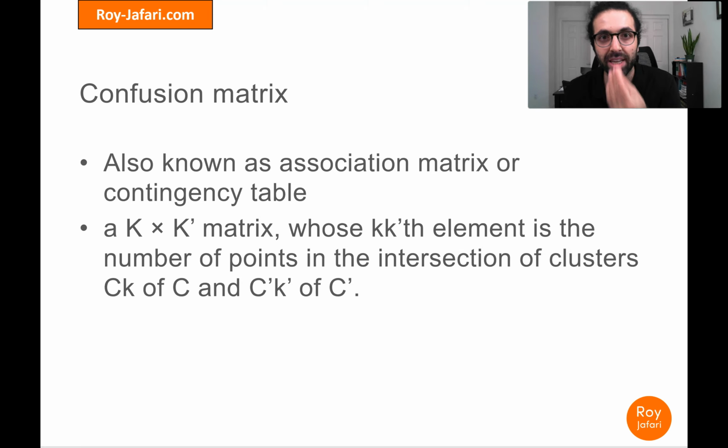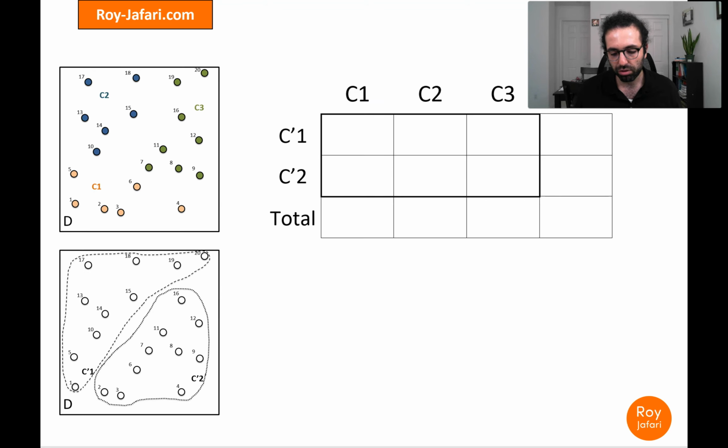It's a nominal categorical attribute. Because of that, we can use a confusion matrix to see the relationship between these two clusterings. So in this situation the rows are going to be the clusters of one clustering, and the columns are going to be the clusters of another clustering.